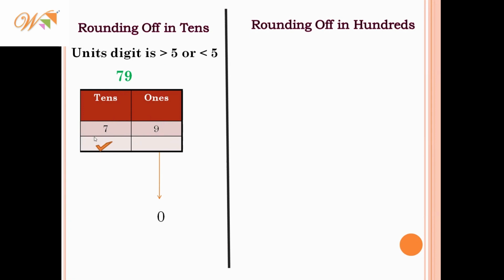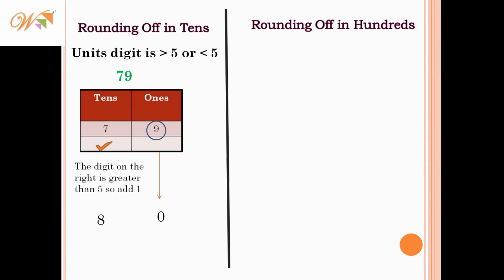For the tens place digit, we have to look at the digit at the ones place, the digit on the right of it. So this digit is greater than 5. So when this digit is greater than 5, we will add 1 to the tens digit number, and 7 will become 8. Right? So 79 when rounded off in tens will become 80.